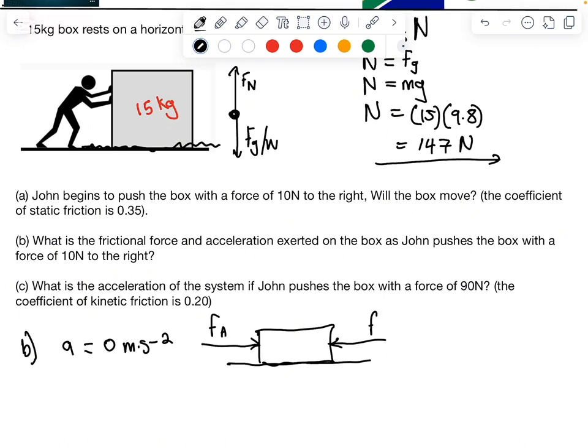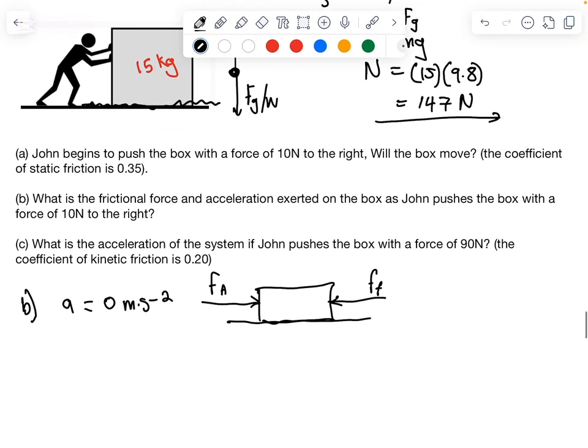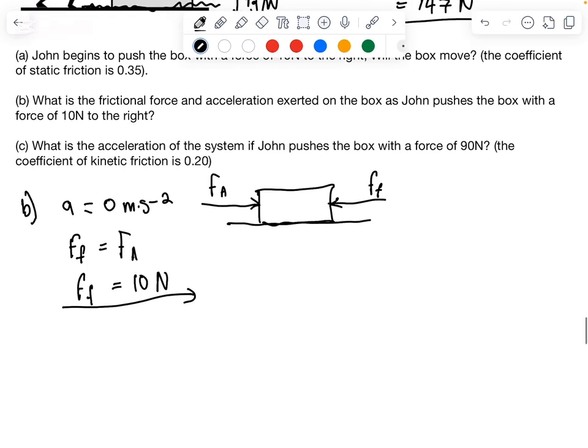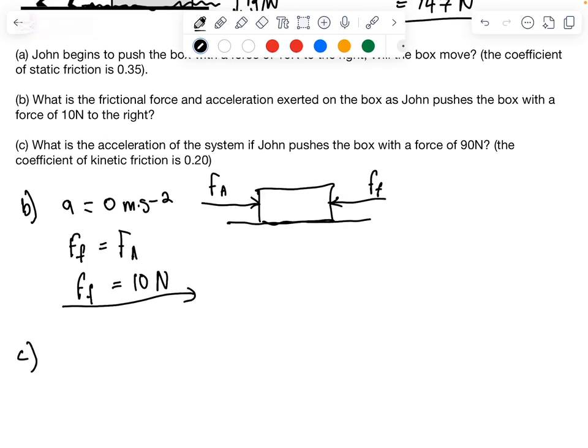So force applied is equal to the frictional force, and as a result the box is not moving, right? So the frictional force here is basically equal to the force applied. So the frictional force is also 10 newtons, and that is it for B. And then moving on to C.